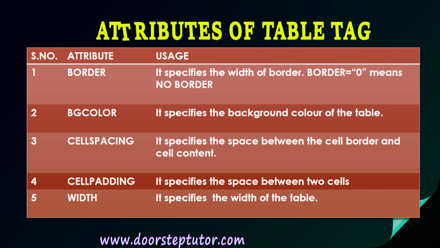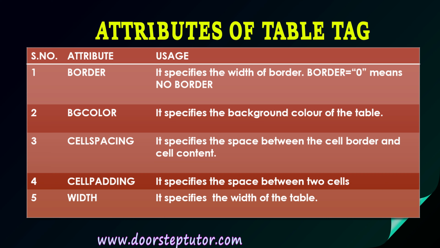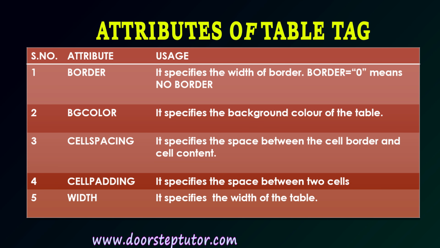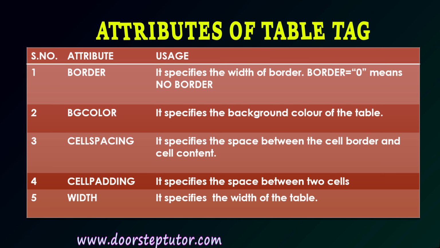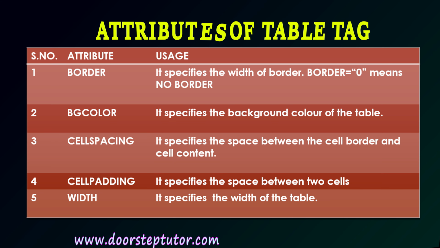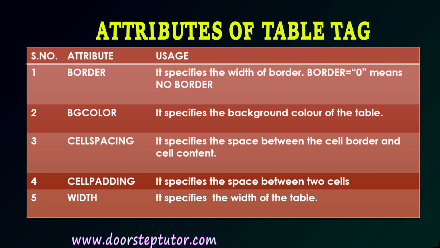For this purpose we give the attribute equal to, and in double quotes we mention the size of the border, in numerals like 0, 1, 2, 3, etc. If we take 0 as the value, it means there will not be any kind of border, but the data will be displayed in the form of rows and columns, without any kind of outline.